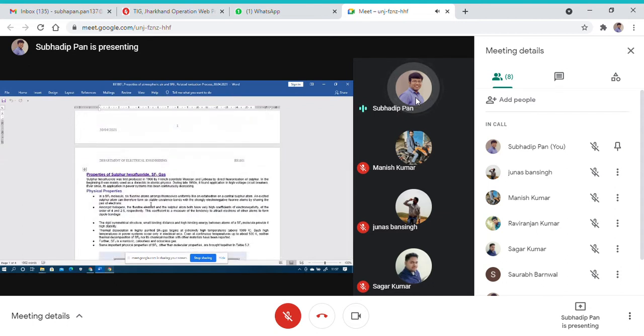I already told you in the very beginning of this lecture that SF6, sulfur hexafluoride gas, was developed in the 19th century by the French scientists Moissan and Lebeau, who detected it by the fluorination of sulfur. So in the very beginning, after this 19th century, this dielectric gas SF6 was used in atomic physics.